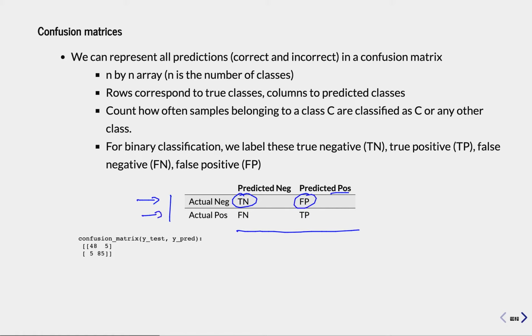If you have a positive example and you predict negative, that's a false negative. If you predict positive, that's a true positive. And so you get a matrix of numbers like this. In this case, we have 48 true negatives, 85 true positives, which is good. But you also have 5 false negatives and 5 false positives, which you want to avoid.